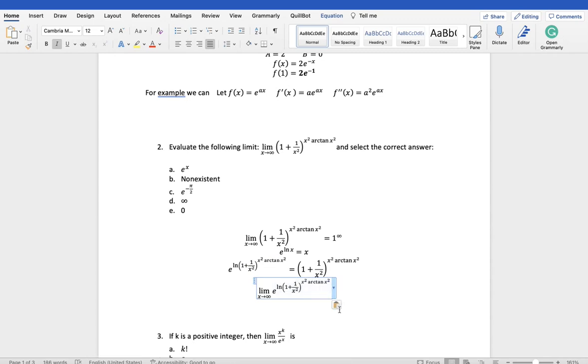When you substitute in the value of x again, you will get 1 to the infinity, so you still have that problem. But remember that we can take this exponent, x times arctan of x, out of the ln. So when you take it out, what you get is, let me just copy this.